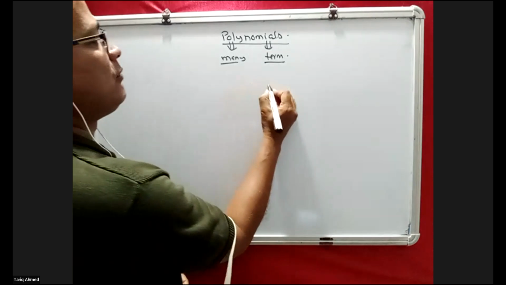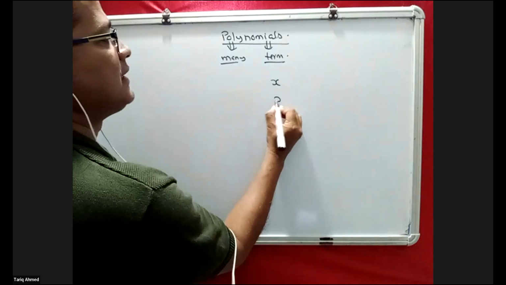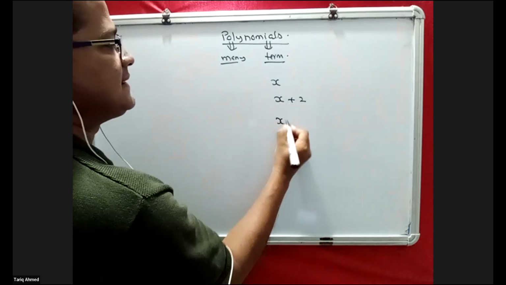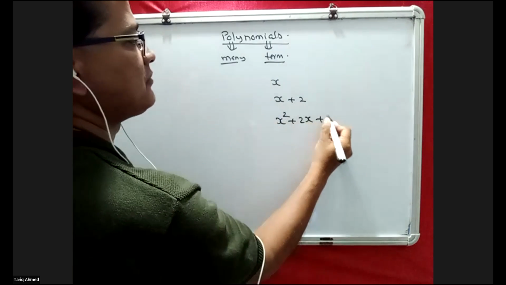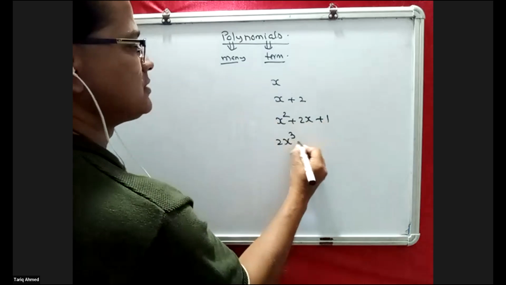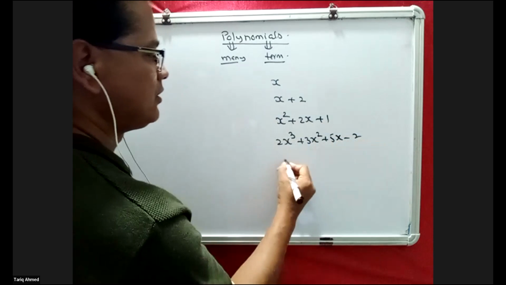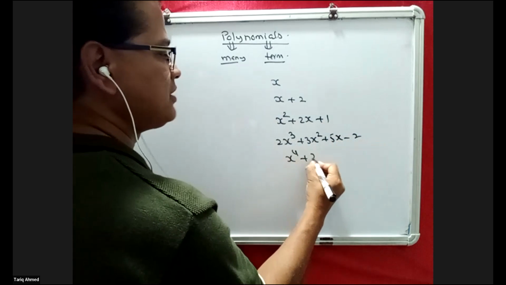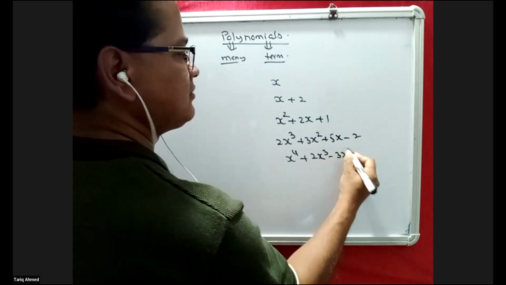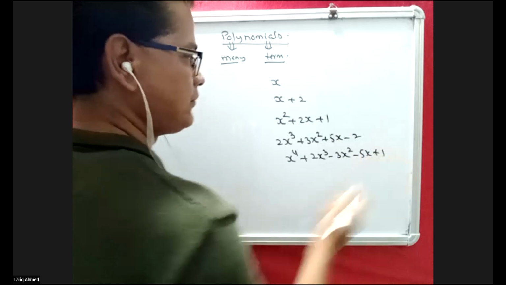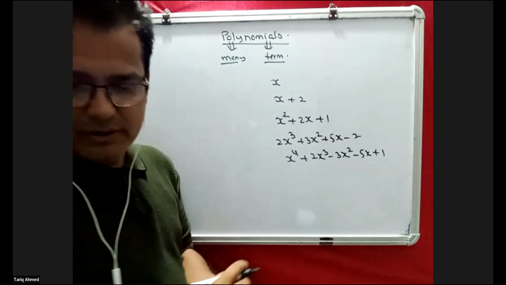I'm writing some polynomials like x, then x plus 2, x square plus 2x plus 1, 2x cube plus 3x square plus 5x minus 2, x to the power 4 plus 2x cube minus 3x square minus 5x plus 1. All these are polynomials.